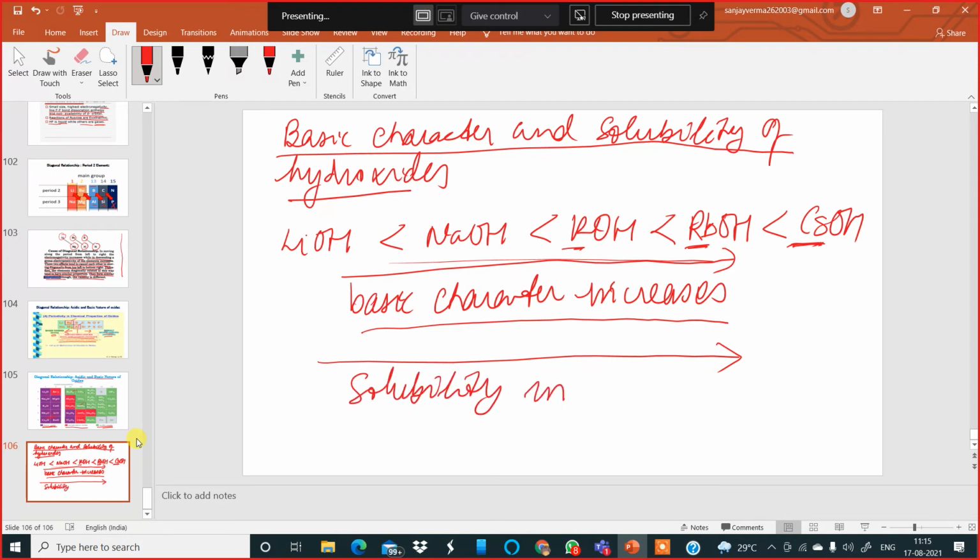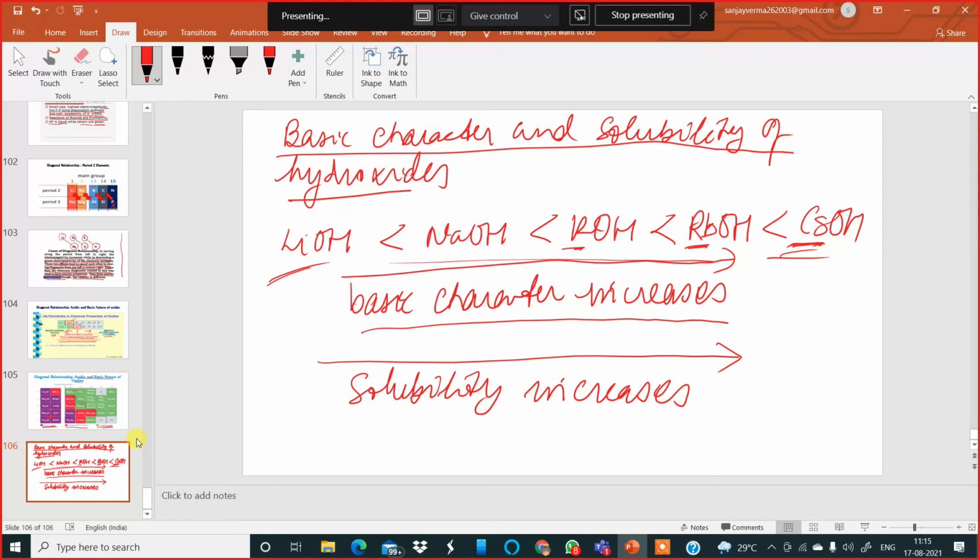Note that the hydroxides of alkali metals are of the type LiOH, NaOH, and they behave as strong bases. Alkali metal hydroxides are fairly soluble in water. The solubility of these hydroxides increases going down the group, that is from lithium towards cesium hydroxide.